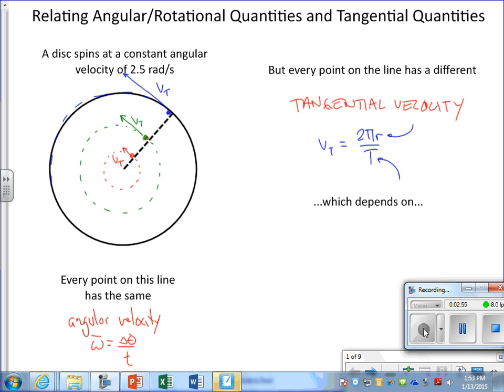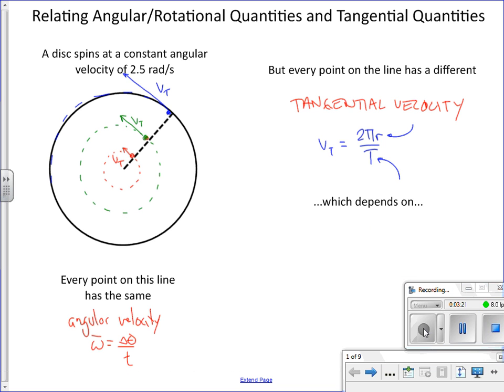So you'll see this referred to a few different ways: tangential velocity, speed, linear speed, tangential speed, anything about how fast it's going. The only one that's different is if they say angular velocity. That's different. Okay. Oh, well, I guess we just spilled the beans here. Tangential velocity depends on radius.